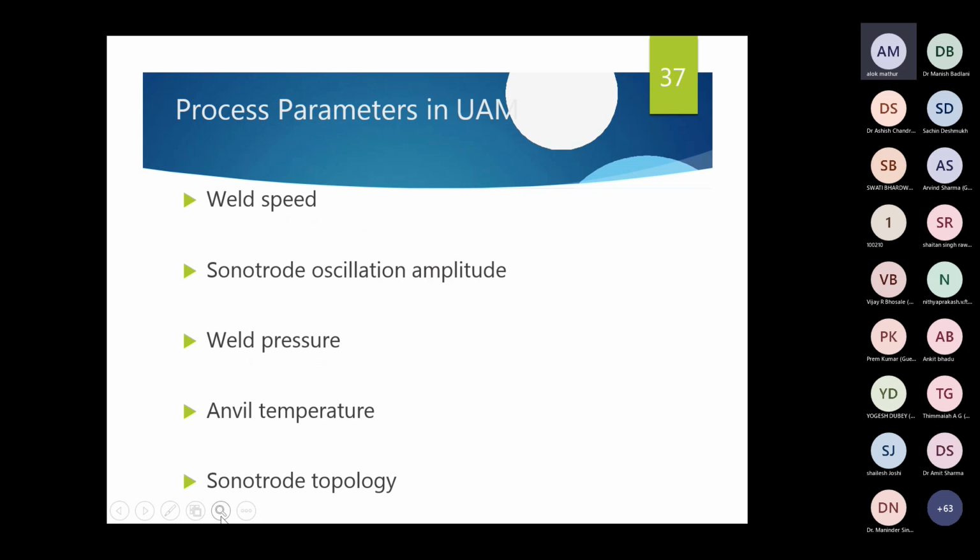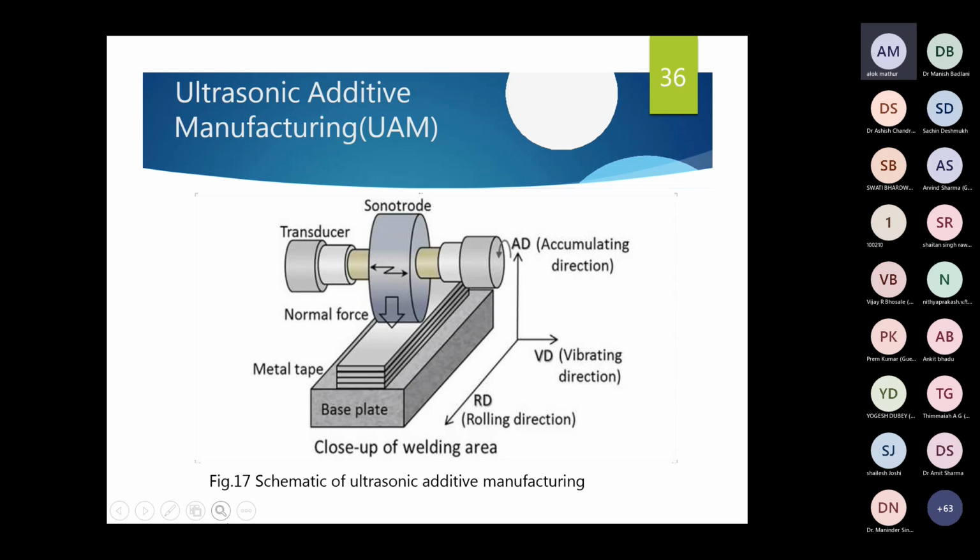Process parameters which are important in UAM are wire speed, weld speed, sonotrode oscillation amplitude, weld pressure, anvil temperature, and sonotrode topology. These are the different parameters which are important in UAM.